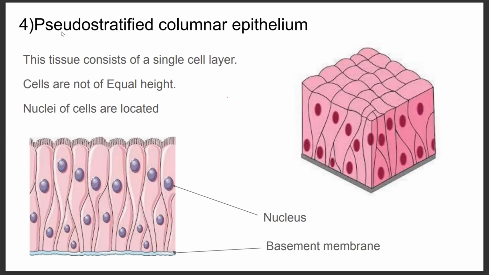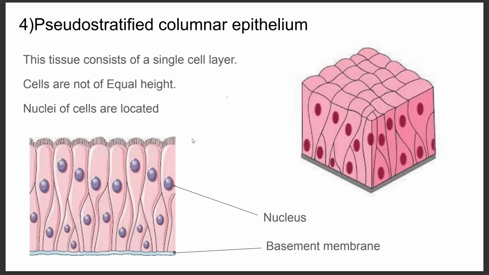Pseudo means fake. Now, this kind of epithelium is found in the mucous membrane. Here you can see that at the top of these cells, cilia are present. So even though there is only a single cell layer, since the cells are of different heights and their nuclei are at different levels, it appears as several cell layers.